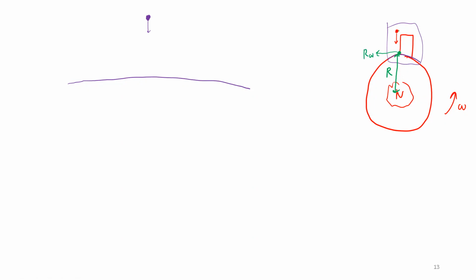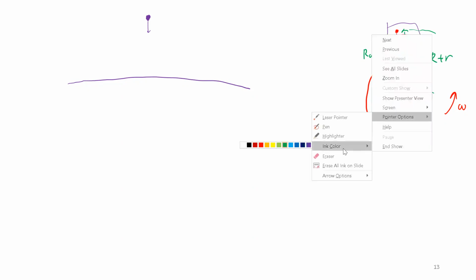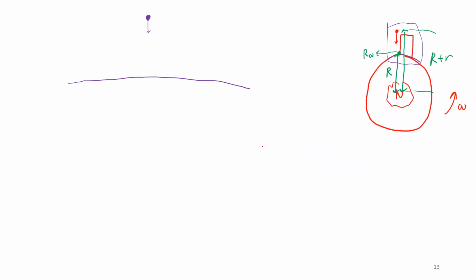What about the ball? This distance is capital R plus small r. Therefore, before you release your hand, the ball already has a velocity equal to big R plus small r, times omega.